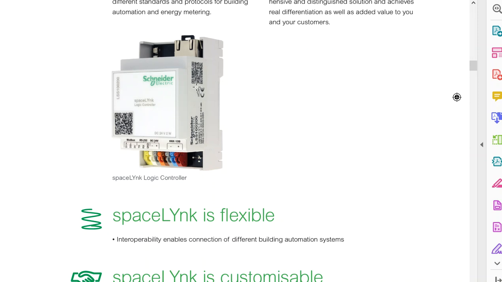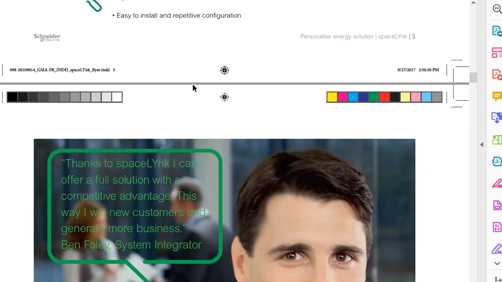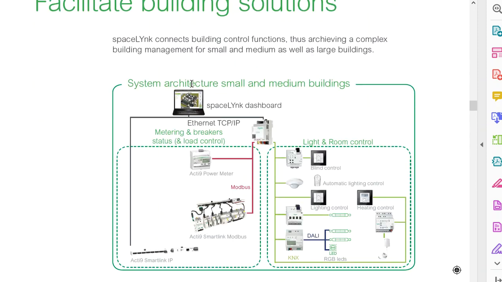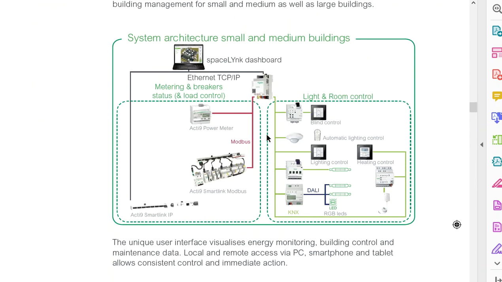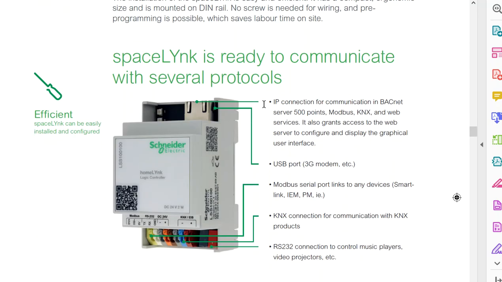Sometimes they are very professional, something like what we have in Schneider Electric called Space Link or Home Link, which provide us many possibilities. It is not only to connect to the KNX, but it can also connect to Modbus or BACnet for some points and provide us the full control. So this is something special.